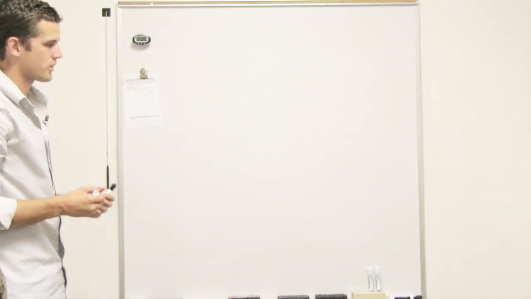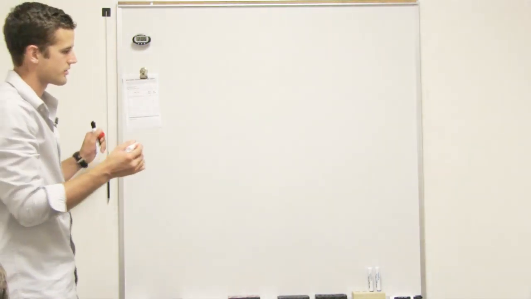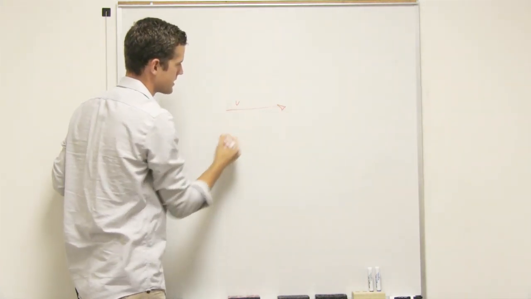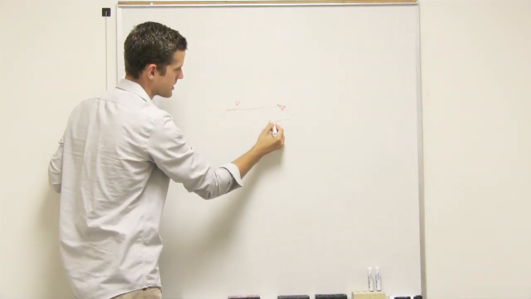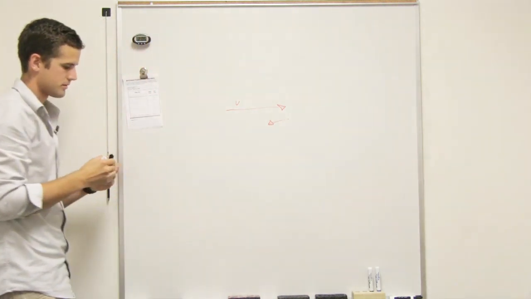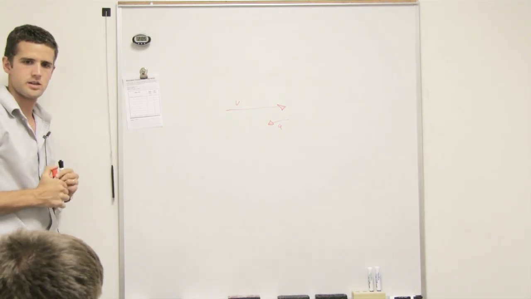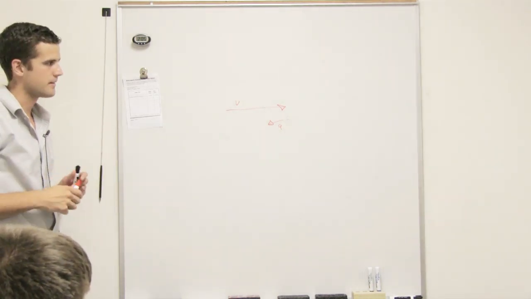But let's say your velocity is pointing this way. This is velocity. And your acceleration points this way. This is acceleration. What does that mean? That you're slowing down. Okay.